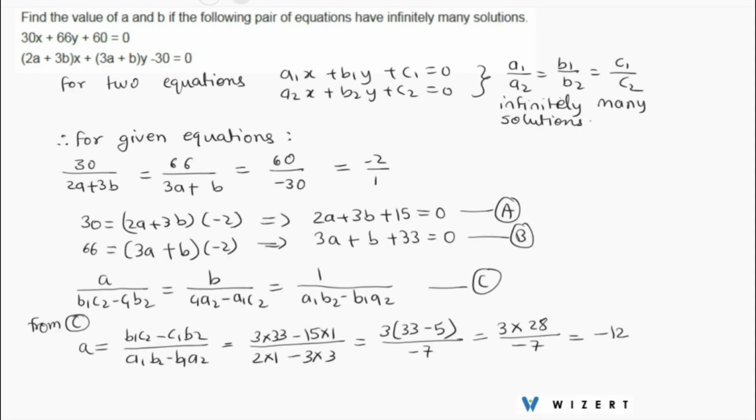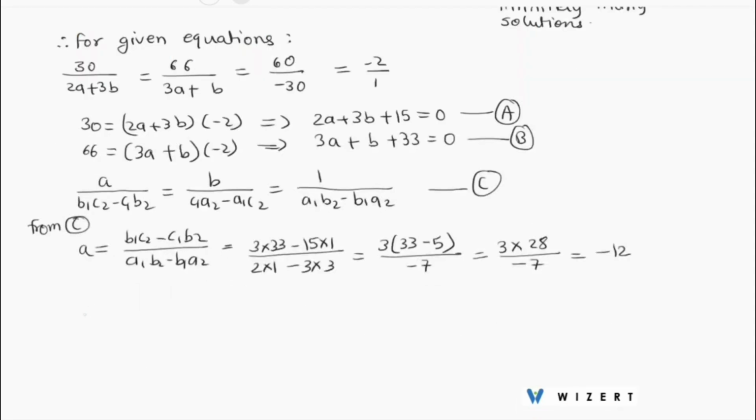Let's look for value of B. So to find value of B, we'll write C1 A2 minus A1 C2 divided by A1 B2 minus B1 A2. Now C1 is 15 multiplied by A2 is 3 minus A1 is 2 multiplied by C2 is 33 divided by, we have the same thing, 2 multiplied by 1 minus 3 multiplied by 3, which is equal to, we can take 3 common out of all of these.